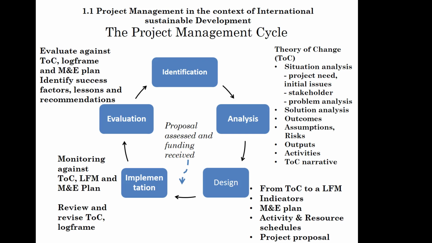Just wanted to draw your attention a little bit more to the analysis phase, which is where we're going to work the most time. The process of planning the activities and outputs of the project is done in the analysis phase of the project.